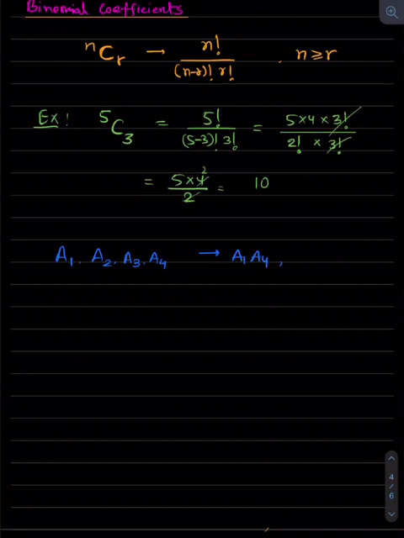We have to make groups of only 2 out of 4. How many pairs are you getting here? There are 1, 2, 3, 4, 5, 6. So we can choose 2 different objects from 4 different objects in 6 ways.